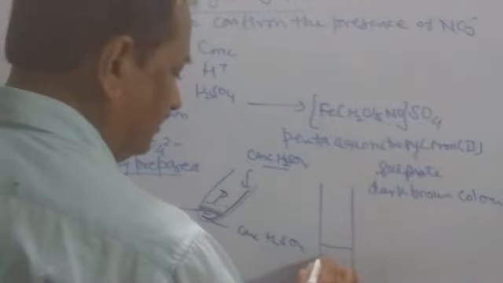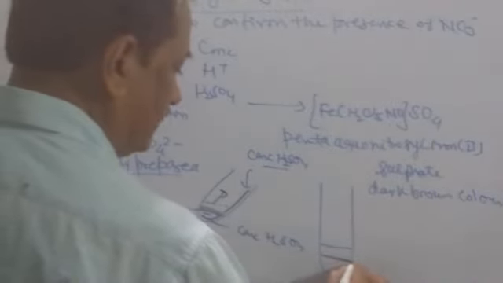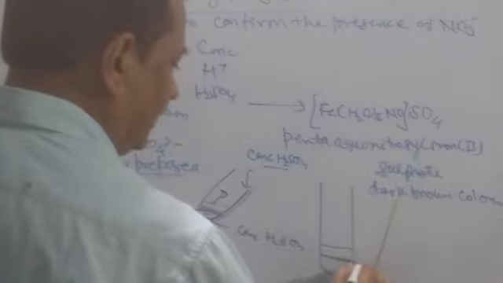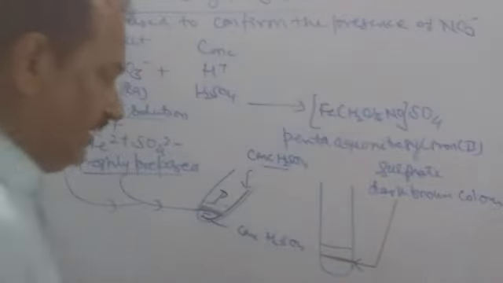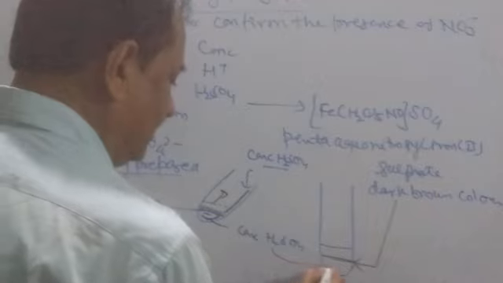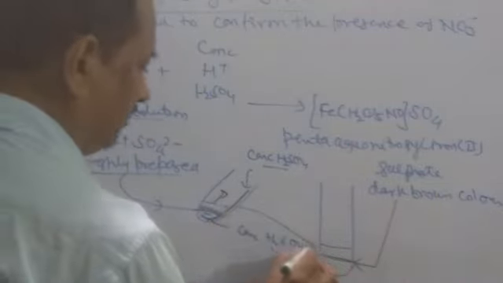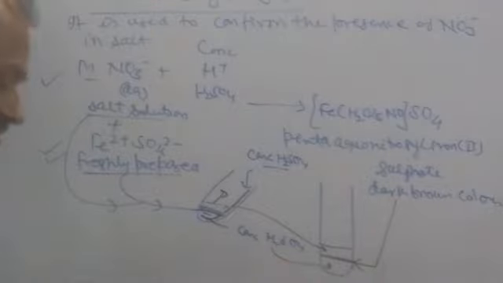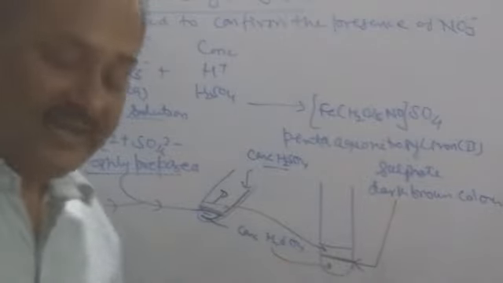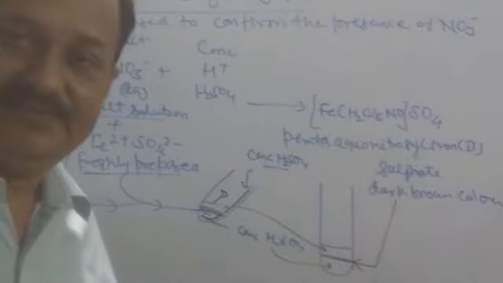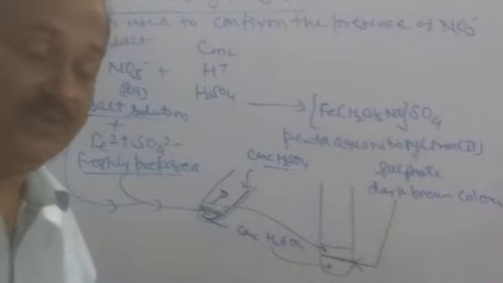Here there will be this dark brown ring, and the concentrated sulfuric acid is here, and the mixture solution will be on the top. So this is called the chemistry of the ring test.